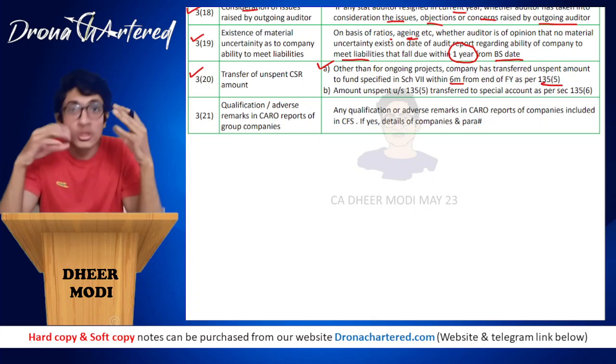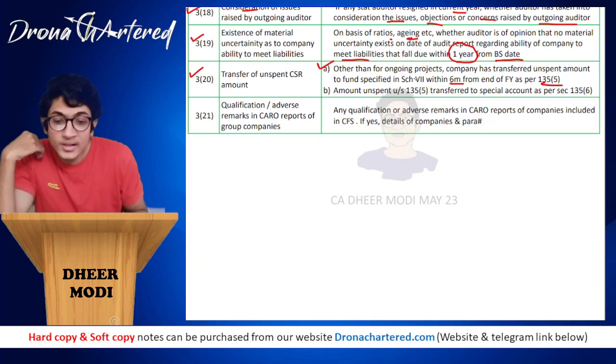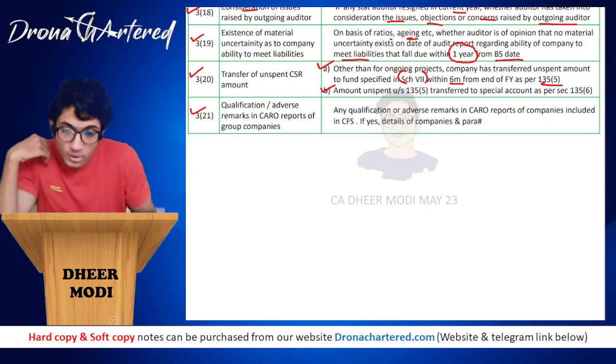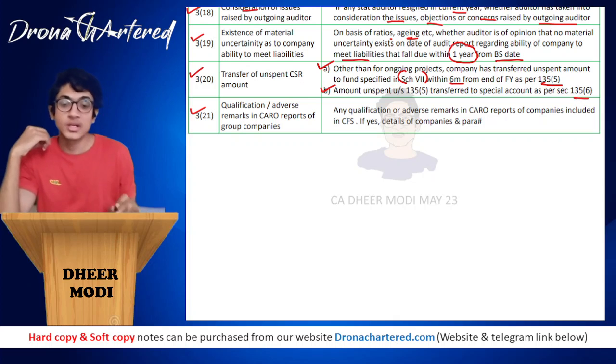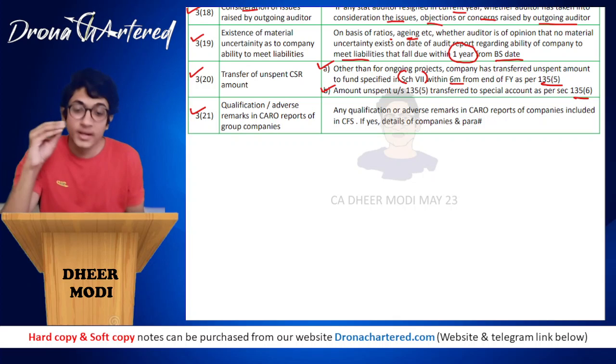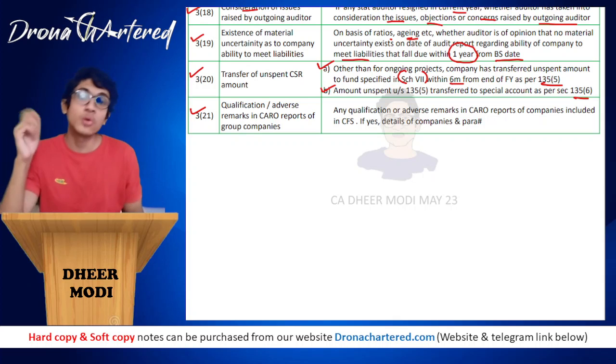So if the company has not been able to spend its entire CSR amount, whether they have transferred it to the fund specified in Schedule 7. And last, I missed one point. Okay. So whether the amount unspent under section 135(5) has been transferred to a special account as per section 135(6). So any amount which has been unspent under section 135(5) has been transferred to your special account, which is required under section 135(6).